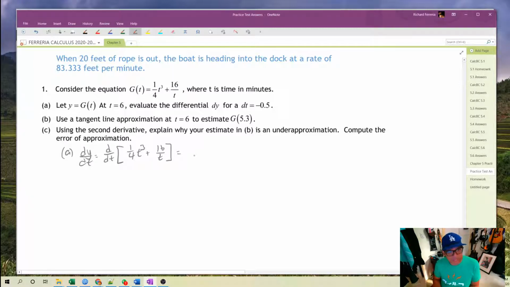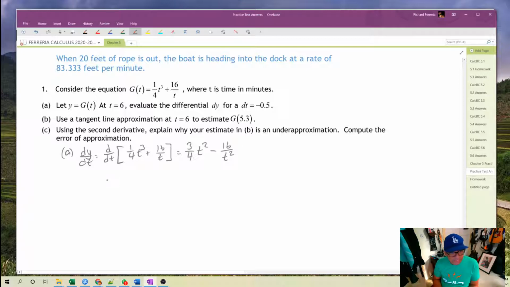That's a pretty easy one. This derivative is 3/4 t squared minus 16 on t squared also. So we have to evaluate the differential when dt is negative 0.5.